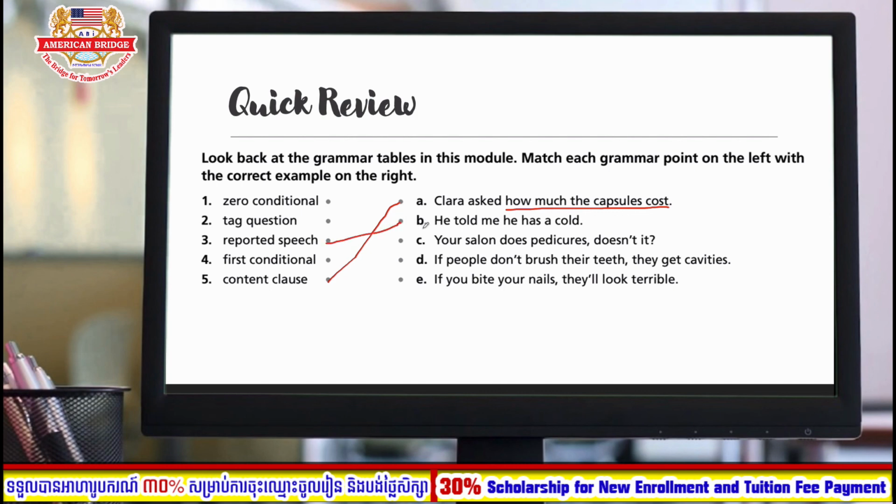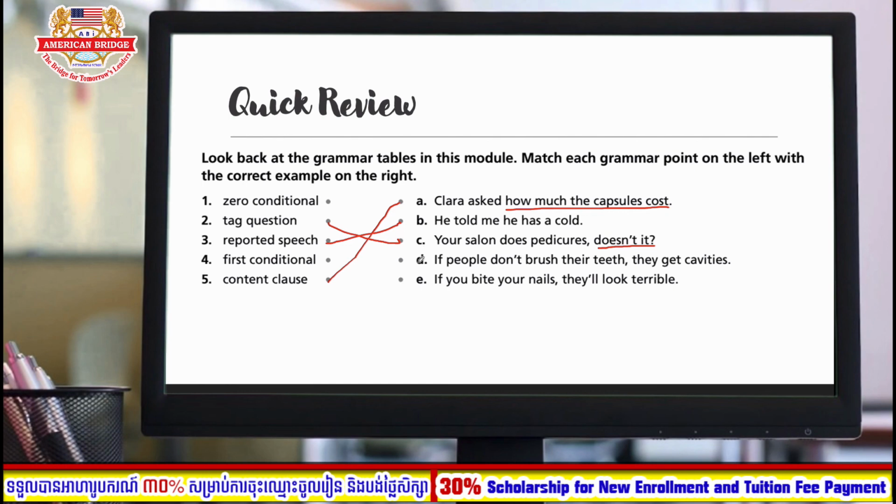Let us see. Your salon does pedicures, doesn't it? We have the phrase doesn't it, which is the tag question. If you don't remember the usage or the form of tag questions, I strongly suggest you go to a previous video to find out about this lesson.